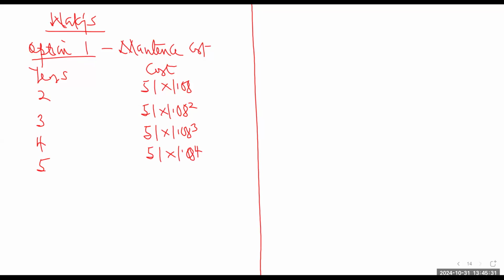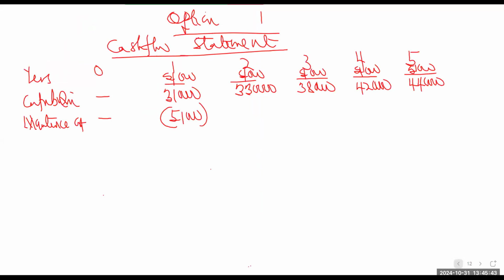To the nearest figure, what are we getting? Year 2 is 55.08, isn't it? So we have 55,080.